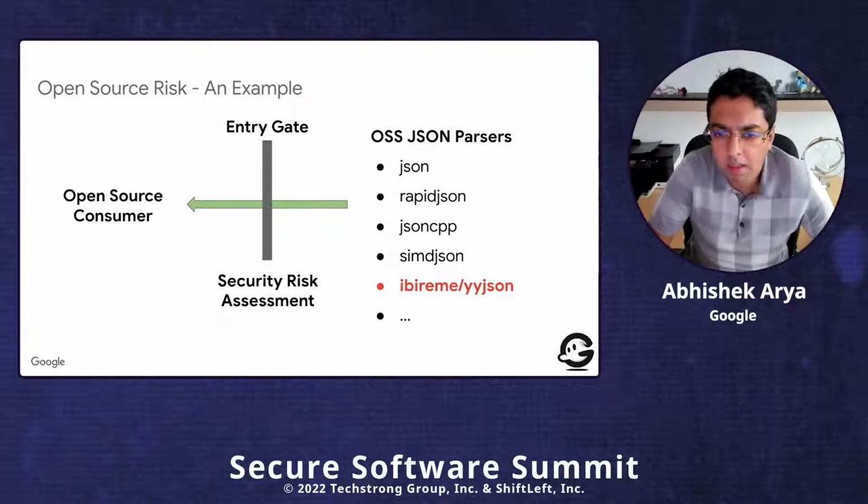As an example here, one of these JSON libraries, YYJSON, is hosted under a user account, and most of the commits are done by that one developer without reviews. Do you think it's safe to use this in a critical subsystem? Probably not.